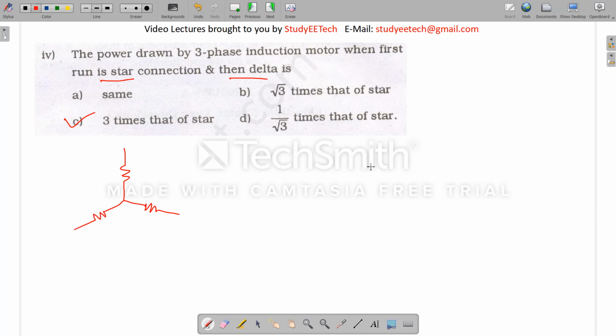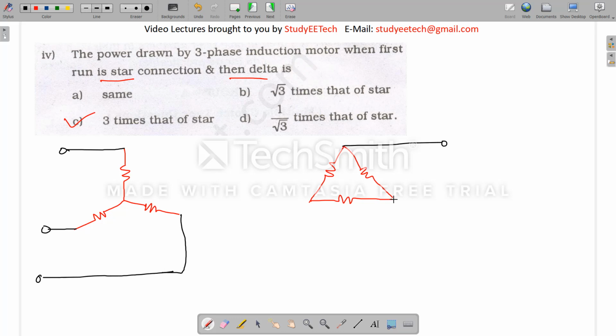This is the star connection, and in delta connection, let's say this is the delta, and the phases are phase A, phase B, and phase C. So A, B, C, A, B, C. I'm assuming one thing, that the resistances are 1 ohm, balanced, for the sake of calculation.